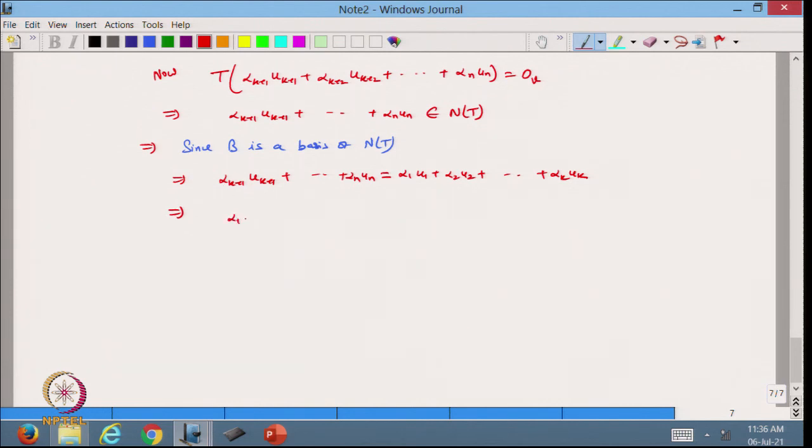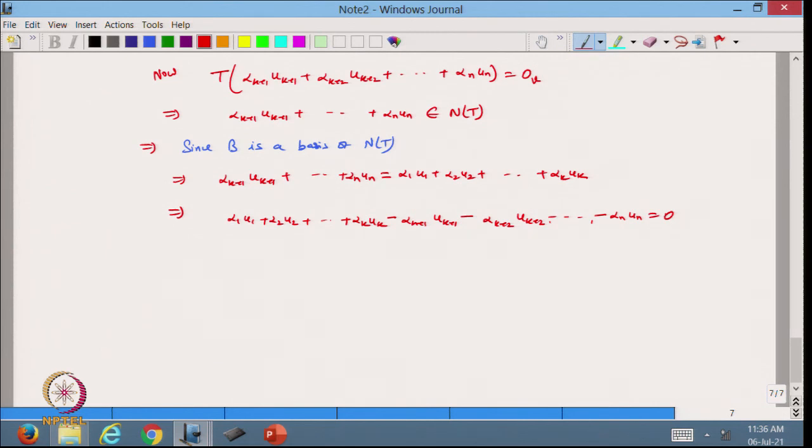So, I will get alpha 1 u 1 plus alpha 2 u 2 up to alpha k u k minus alpha k plus 1 u k plus 1 minus alpha k plus 2 u k plus 2 minus up to alpha n u n is equal to 0.